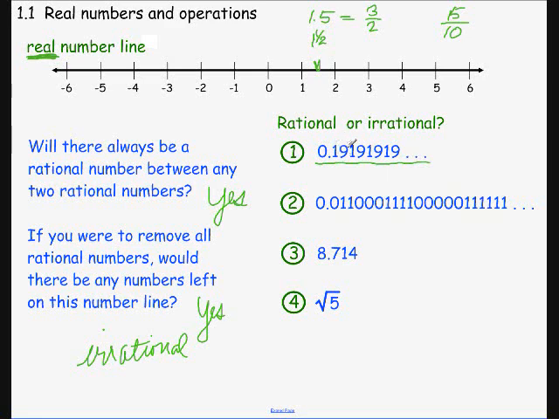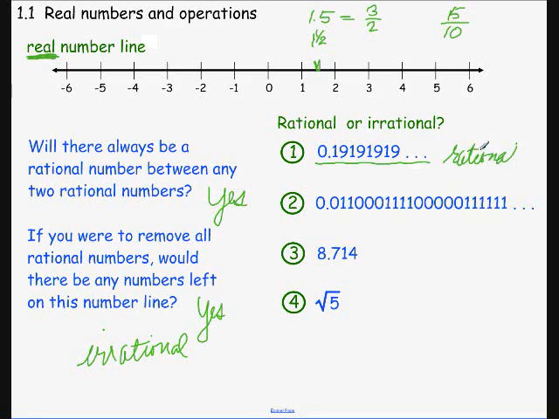And you probably notice we've got a pattern here that keeps repeating. Whenever you see a repeating pattern exactly the same, 1 9 1 9 1 9 1 9, could be more than 2 in the repeat, we know that this actually is a rational number. So this is rational.